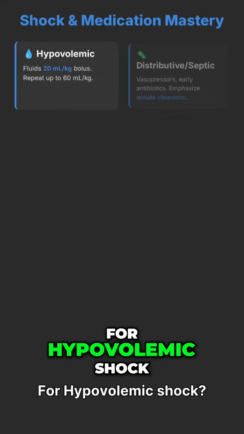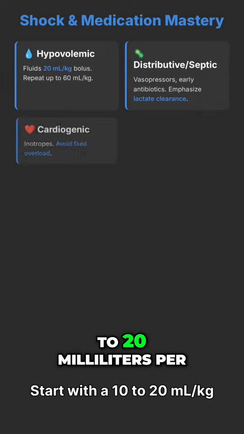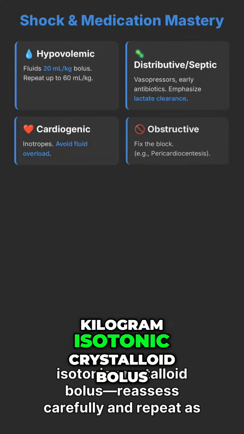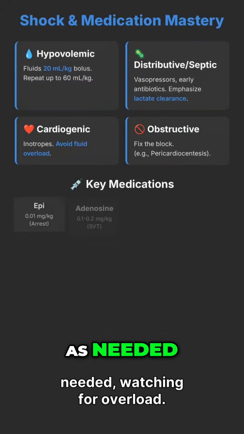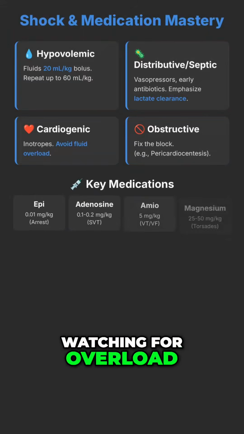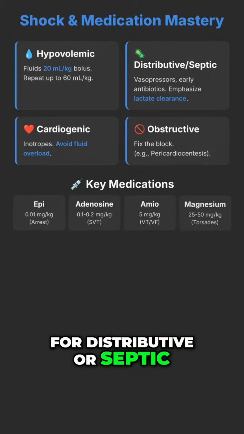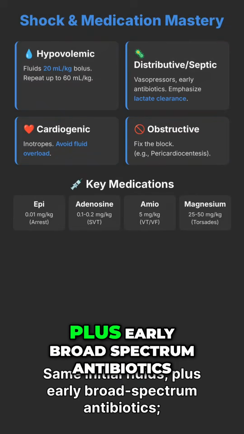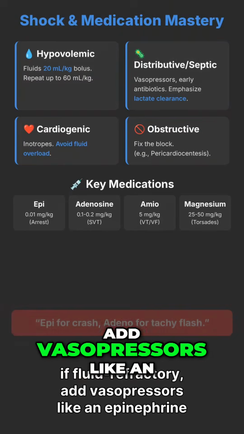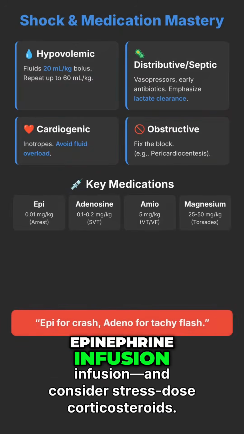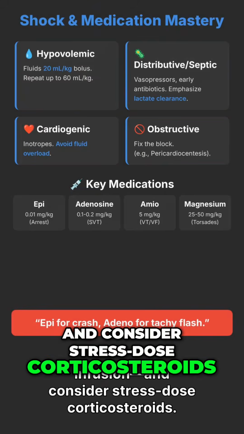For hypovolemic shock, start with a 10 to 20 milliliters per kilogram isotonic crystalloid bolus. Reassess carefully and repeat as needed, watching for overload. For distributive or septic, same initial fluids, plus early broad-spectrum antibiotics. If fluid refractory, add vasopressors like an epinephrine infusion and consider stress dose corticosteroids.